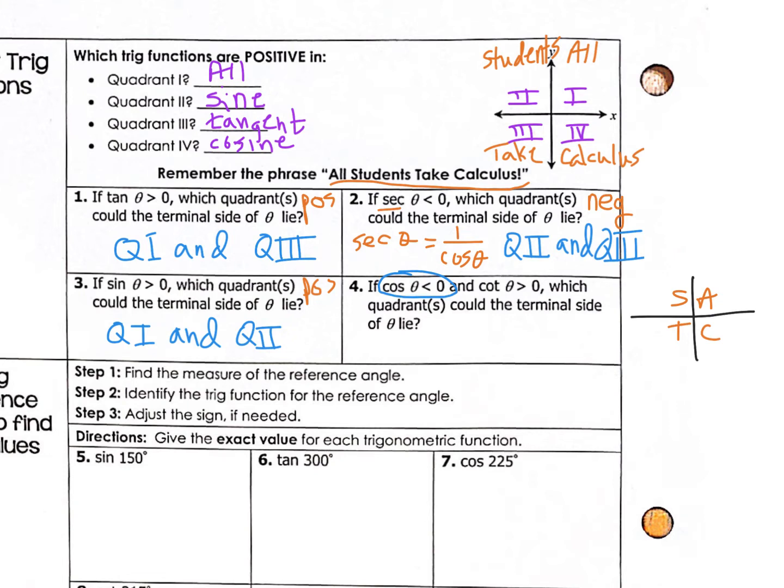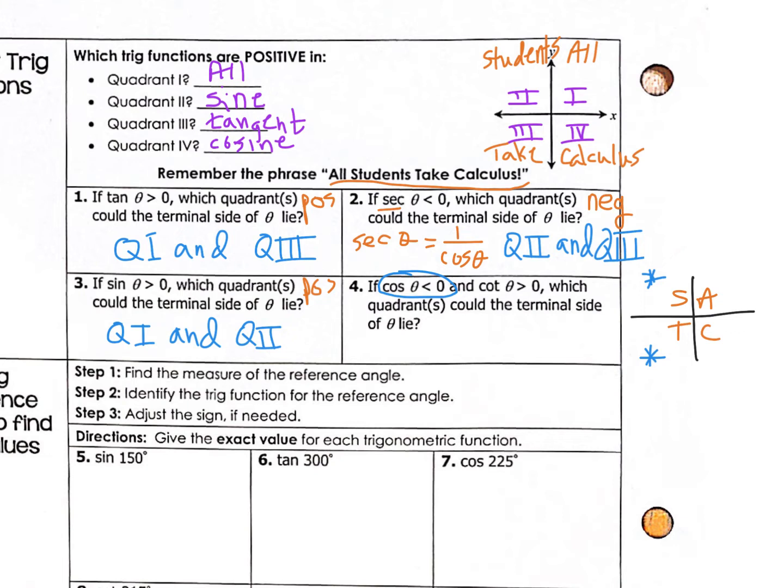Remember, if we're looking at the negative, I like to look at where it's positive first, and then the other two quadrants must be negative. So cosine is positive in the first quadrant and the fourth quadrant. All calculus, all meaning cosine, right? So if cosine is positive here, cosine is negative in quadrants 2 and 3. I'm going to put a little star here in quadrant 2 and a little star here in quadrant 3.